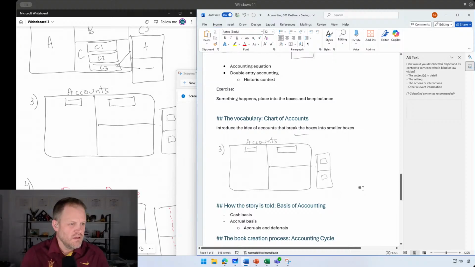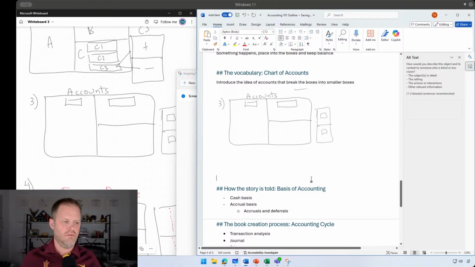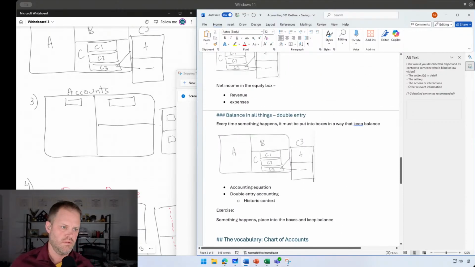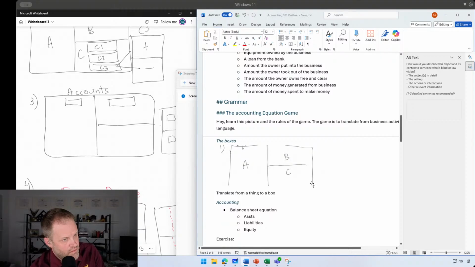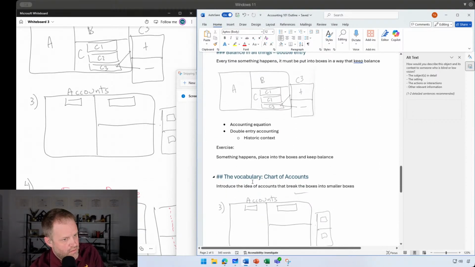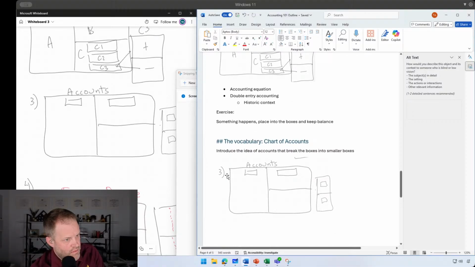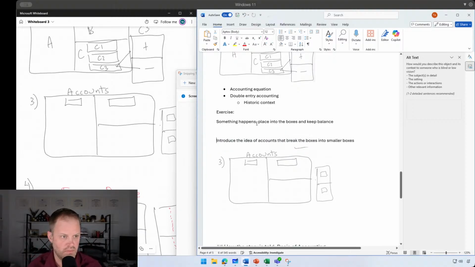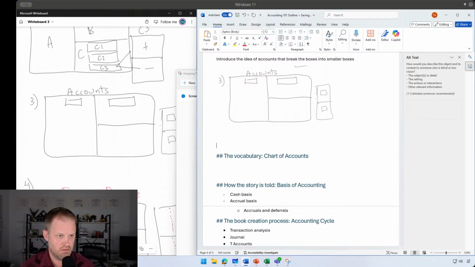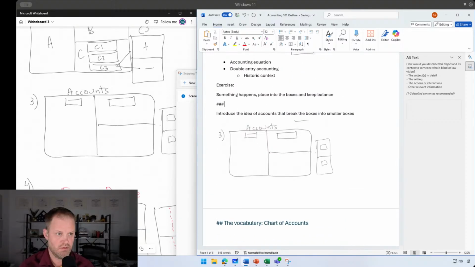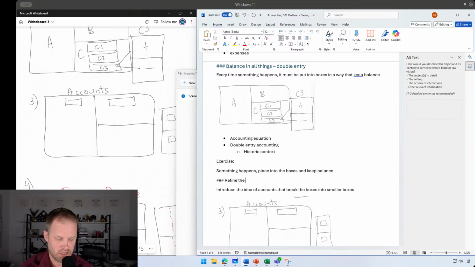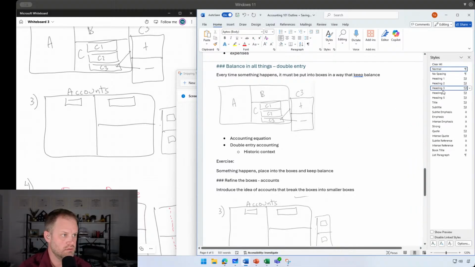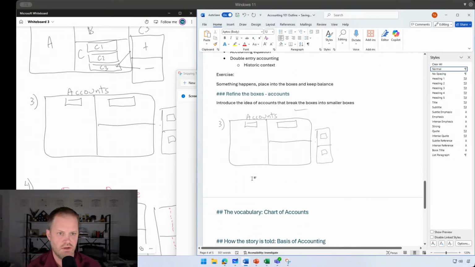So refine the boxes. Accounts. So introduce the idea that these are account boxes.